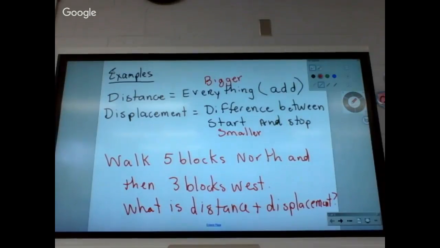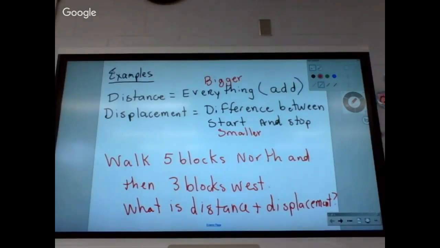Distance is always easy for people because all we ever have to do is what? Add. It's nice and simple. Okay? And I'll give those people who are writing a chance to write it down. And then we'll talk displacement. All right, those of you who are writing caught up.